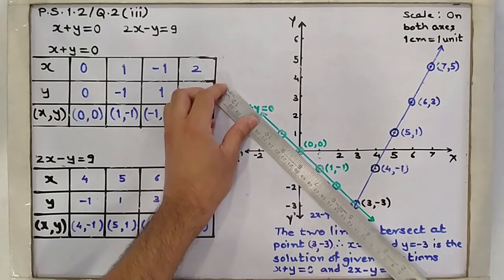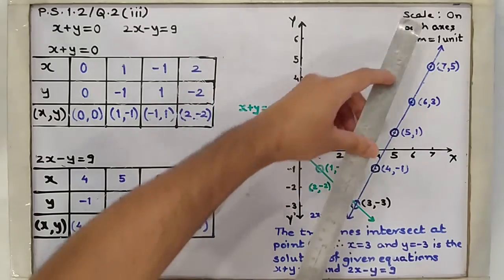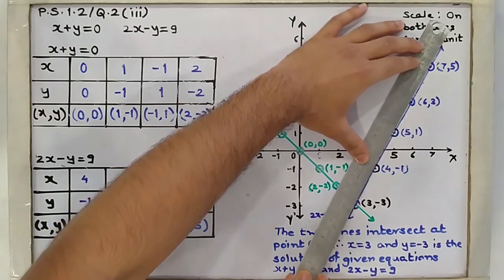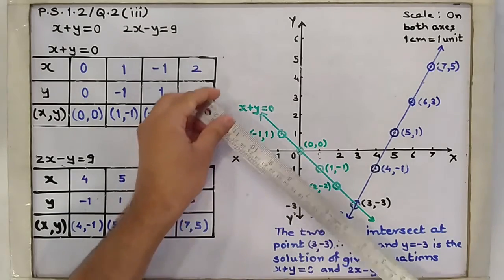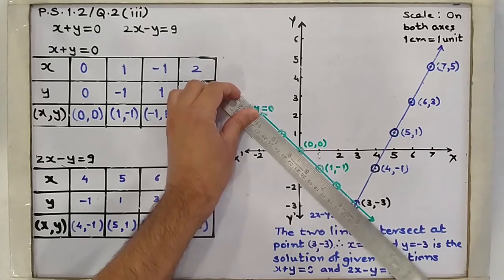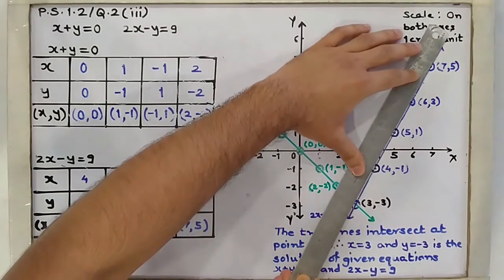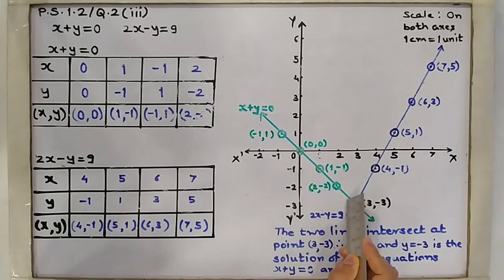ये था हमारा फर्स्ट लाइन जिसका इक्वेशन था x plus y equal to 0, and this was the second line whose equation was 2x minus y equal to 9. Now you observe this, that both lines are intersecting over here.